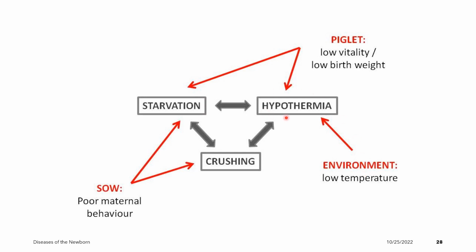Hypothermia is also caused by inadequate carbohydrate intake. When the piglet is not able to suck in colostrum, it will not have the glucose necessary to produce thermal or body heat, and it can lead to hypothermia.